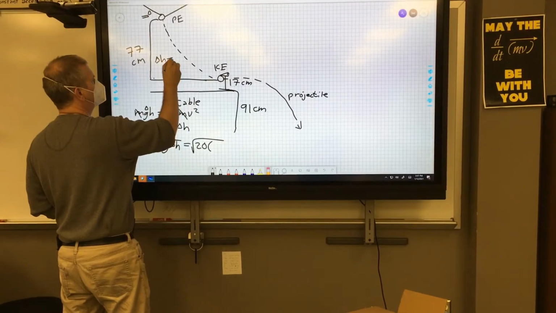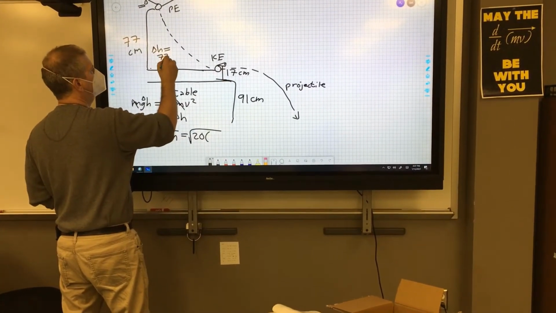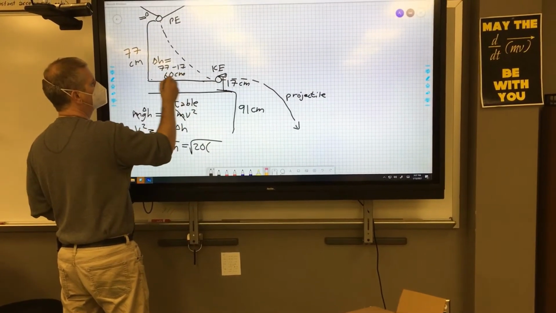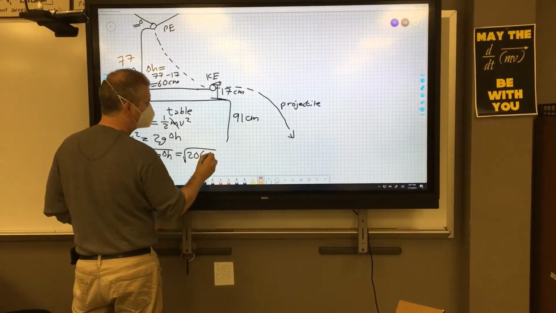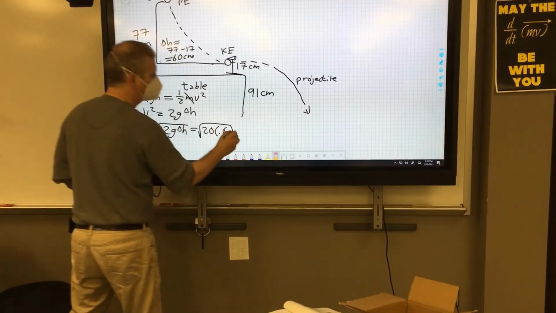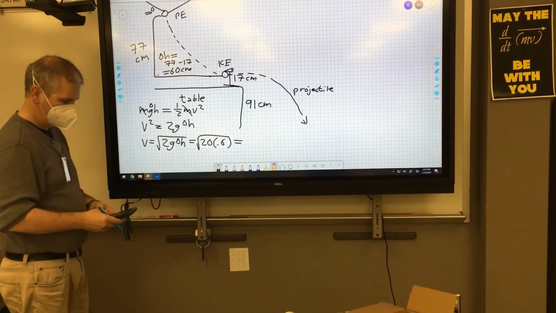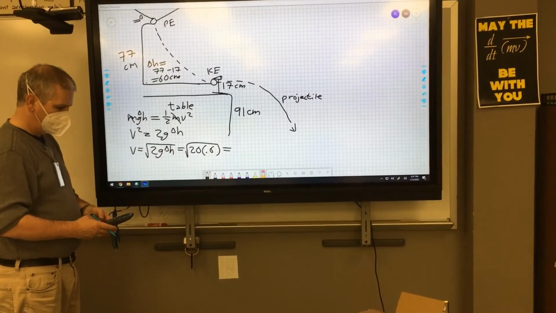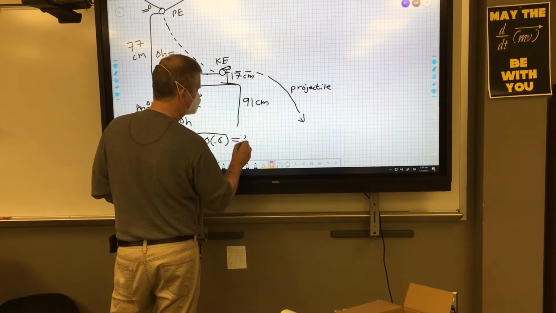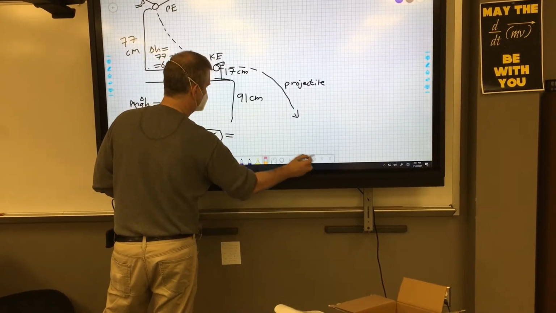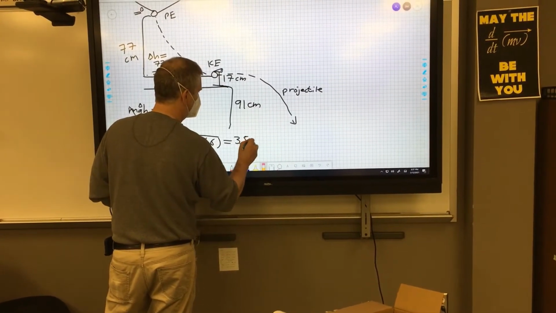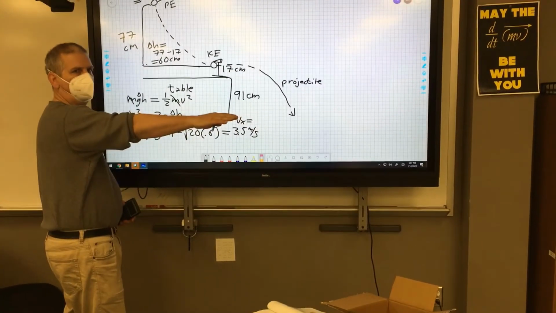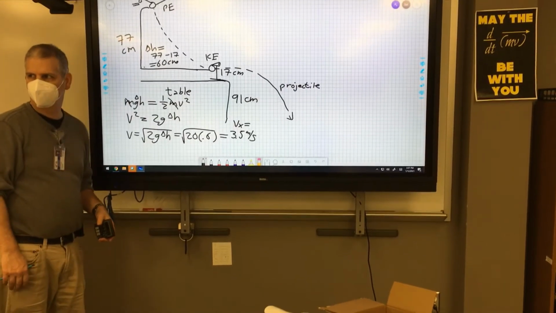Our delta h is going to equal 77 minus 17, which is 60 centimeters, right? So that's going to be 0.6 meters. That gives us a velocity of square root of 20 times 0.6, 3.5. I'm not going to use anything more precise than that because, well, it's not going to be that exact. So our x velocity, because it's going horizontal at that point, is 3.5 meters per second.